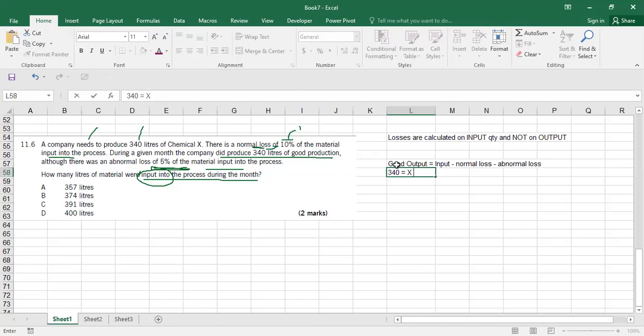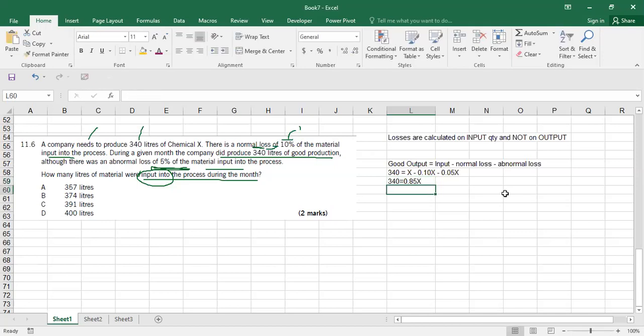Let's suppose it is X. And then normal loss will be 0.10 of X because they told us that normal loss is 10% of the input value. And then you also have an abnormal loss of 5%. Abnormal loss 5% will also be calculated as 5% of X. So you can say that 340 is equal to 0.85 of X.